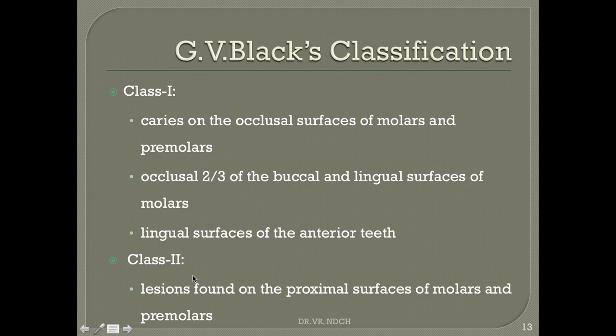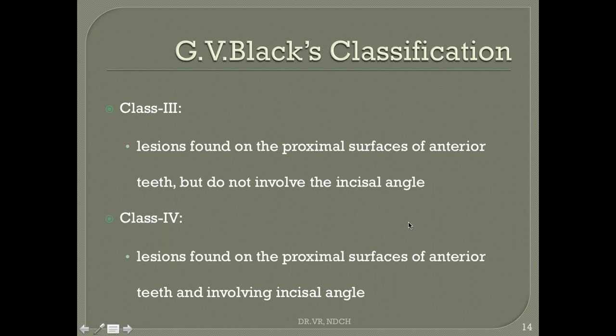Class 2 is when you find carious lesions on the proximal surfaces of molars and premolars. Class 3 lesions are seen on the proximal surfaces of anterior teeth, but they do not involve the incisal angle. Class 4 carious lesions are found again on the proximal surfaces of anterior teeth but involving the incisal angle.